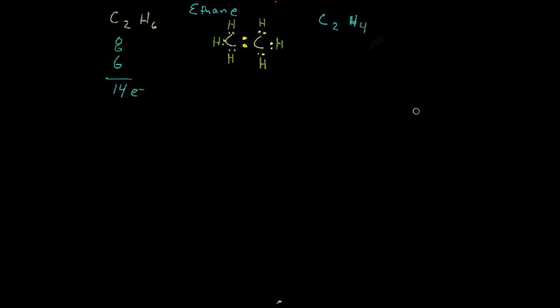Alright, so we know carbon, and let me change colors to a brighter color. Carbon likes to be the central atom, and there's 2 of them, held together by at least a single bond, and we have 4 hydrogens this time. So let's go to a different color for hydrogens. We've got a hydrogen here, a hydrogen there, a hydrogen here, and a hydrogen there.